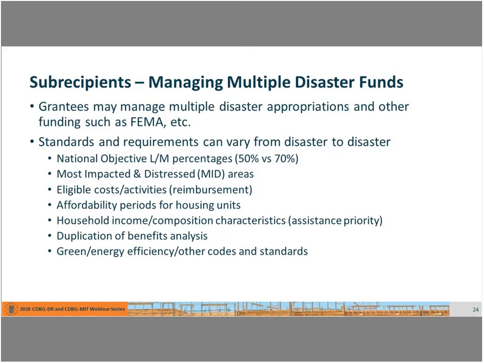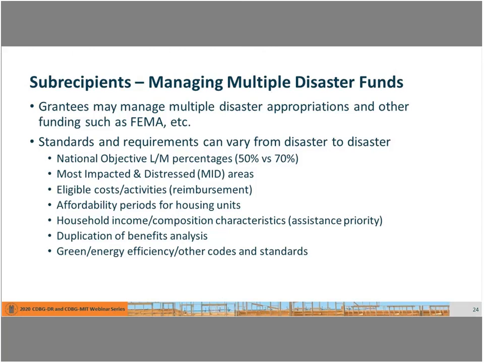When we talk about standards and requirements specifically for a grantee that may have received funding under multiple disasters, there are a variety of standards and requirements that have been articulated in the Federal Register notifications for each appropriation that include elements related to, for example, the national objective, where low-mod percentages can vary between 50 to 70%. Also, it identifies and may distinguish between the most impacted and distressed areas, specifically for the mitigation grants, where this is becoming important.